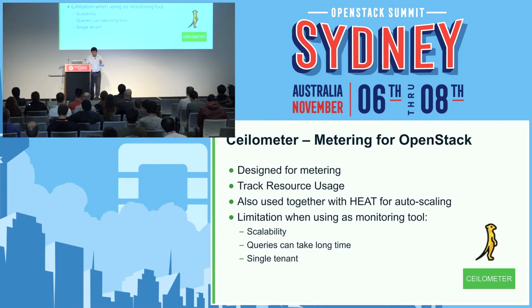The biggest complaint that people always bring up is about scalability. Ceilometer itself, by default, is not designed as a scalable monitoring solution. And that's why when people try to query the system for the monitoring data that they need, they find it is slow. And that's why it may not be a good fit for them to use as a monitoring tool.